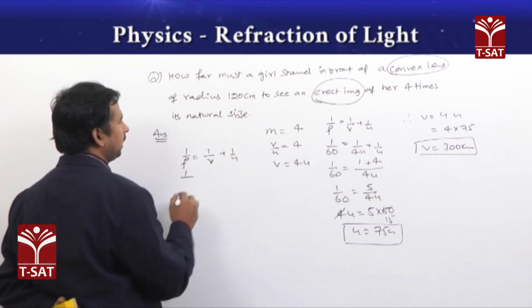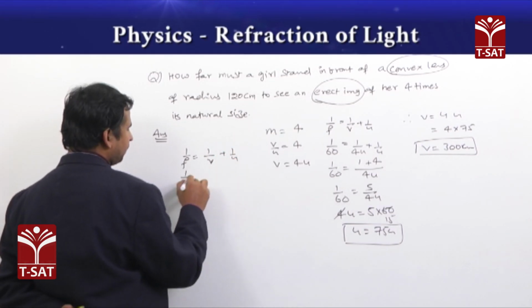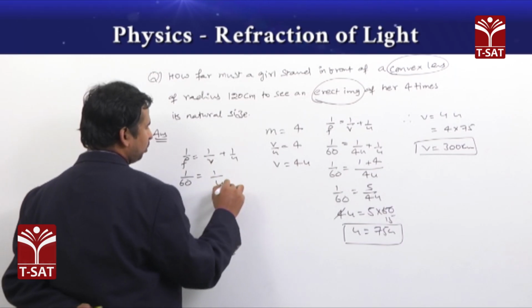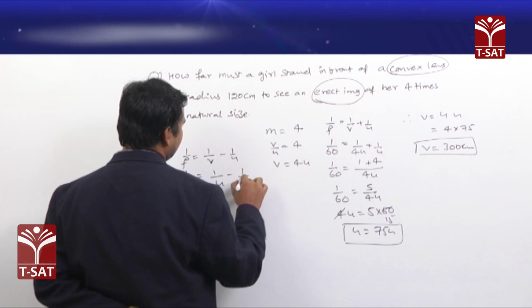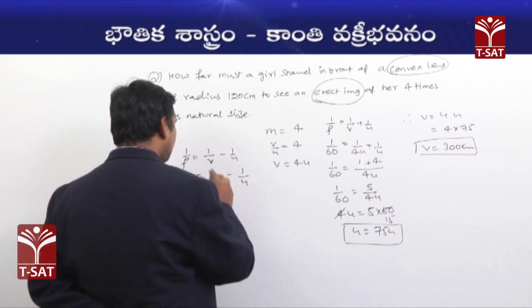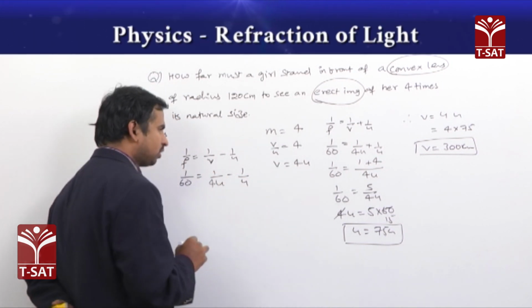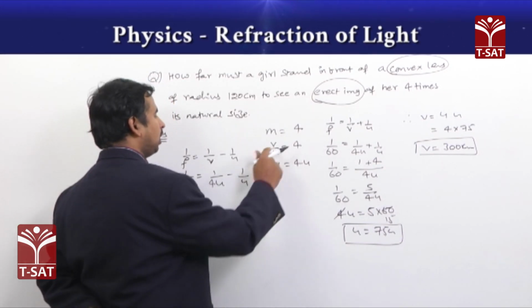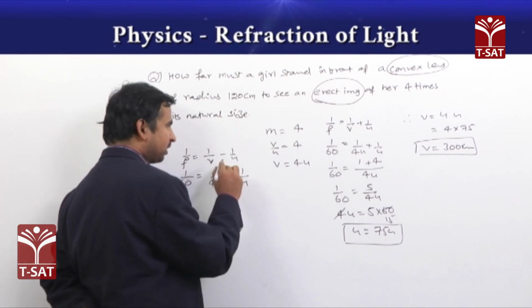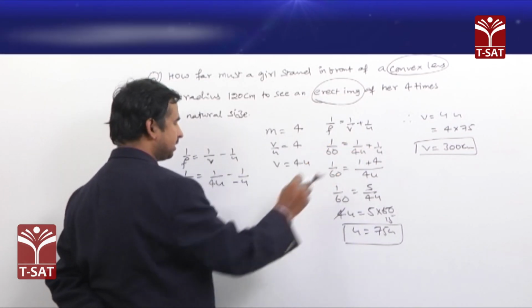Then 1 by focal length, that is 60, is equal to 1 by v minus 1 by u. Here the image distance is 4u and the object distance is u. If you apply the sign convention, the object distance is negative, and minus of minus becomes plus.